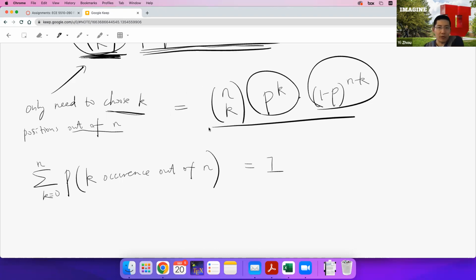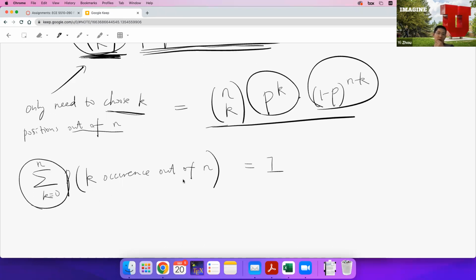And if you calculate this, if you sum up these probabilities, indeed they sum up to 1. Well, because this includes all the possibilities, right?